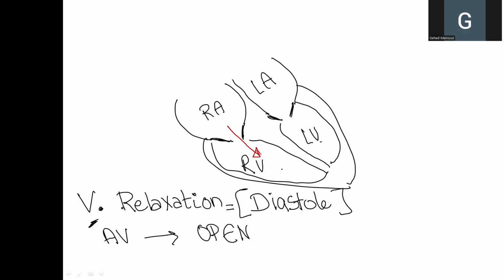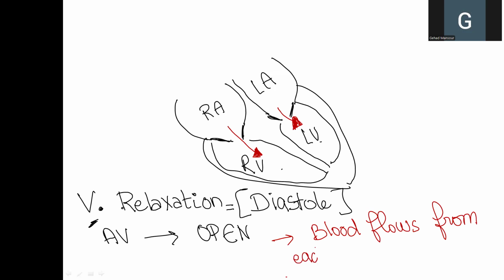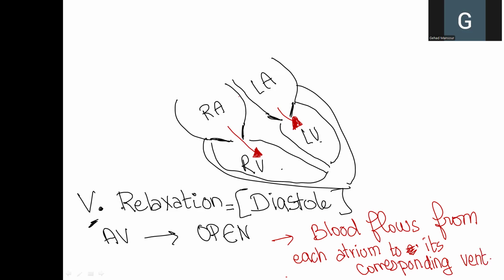Actually, when the valves are open, blood flows from each atrium to its corresponding ventricle, meaning that blood will flow from the right atrium to the right ventricle, and from the left atrium to the left ventricle.